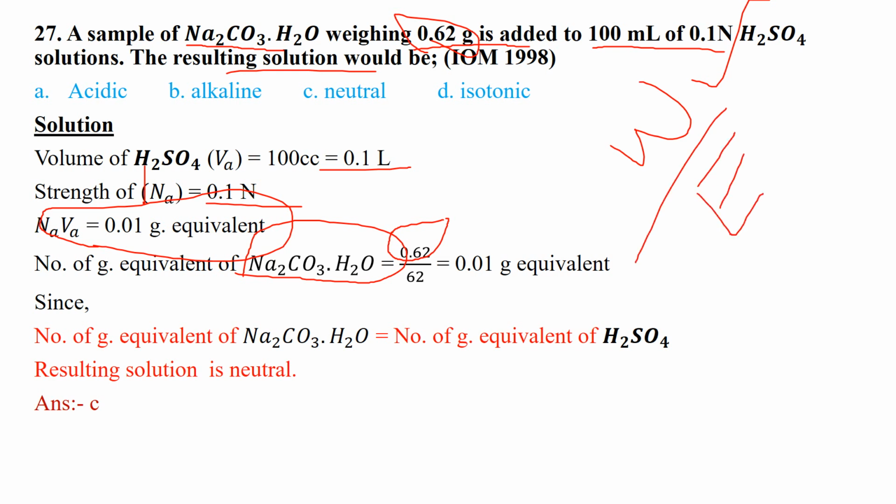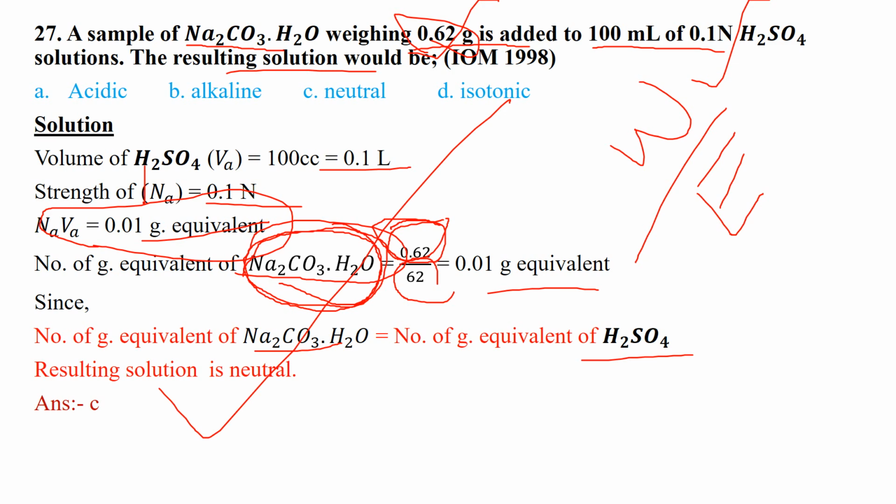Here the weight is divided by the equivalent weight of Na2CO3.H2O, that is total molecular weight of Na2CO3.H2O divided by 2. So the answer will be 0.01 gram equivalent, and here is also 0.01 equivalent. Since the number of gram equivalent of Na2CO3.H2O is equal to the number of gram equivalent of H2SO4, the resulting solution is neutral. Very important.